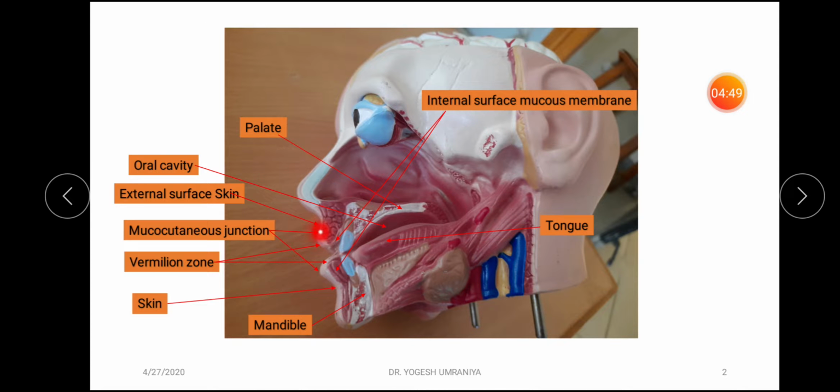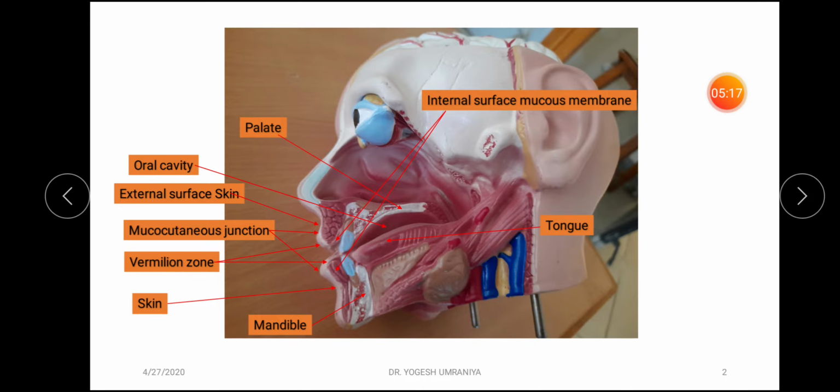But in parakeratinized epithelium, the topmost cells contain nuclei. Apart from the epithelium, in the underlying tissue there is an absence of sweat and sebaceous glands in the modified skin, and there is a presence of sebaceous as well as sweat glands and hair follicles in the skin region.